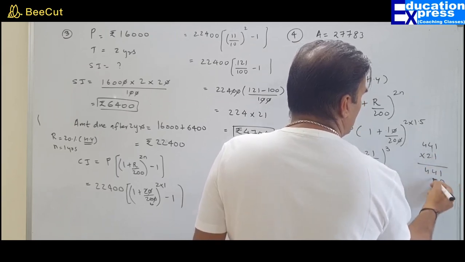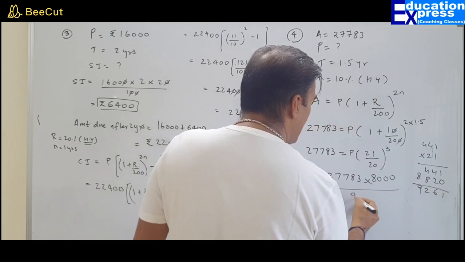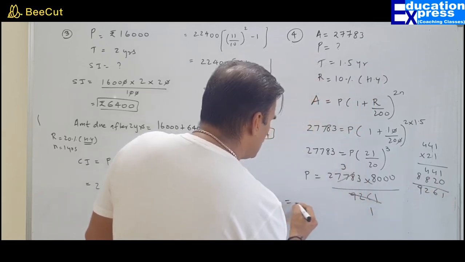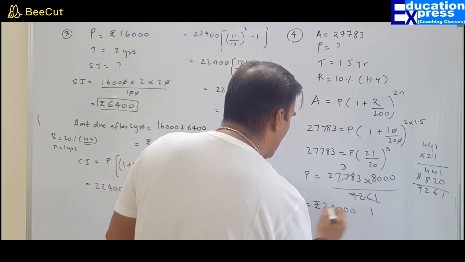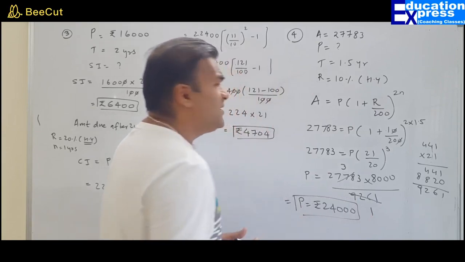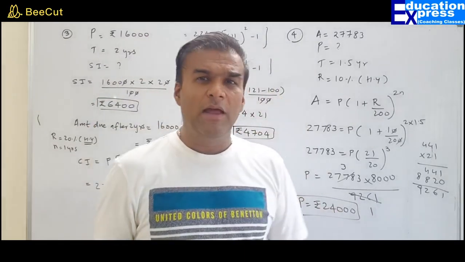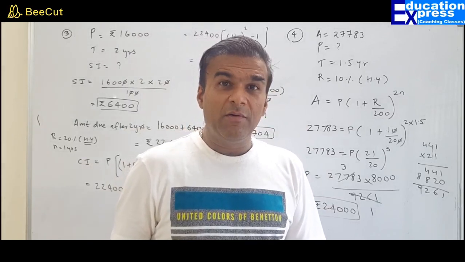So your principal is going to be 24,000, my dear friends. It's a very simple question. Simple, merely placing the formulas to get your desired answer. Let us move on to question number 5.